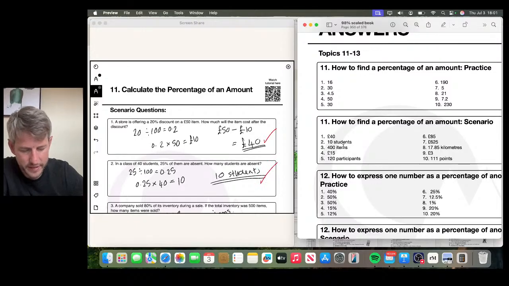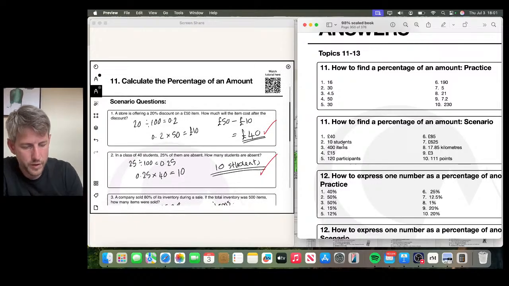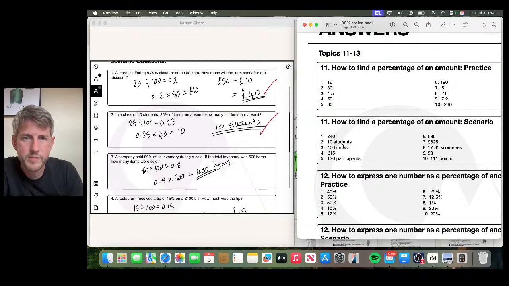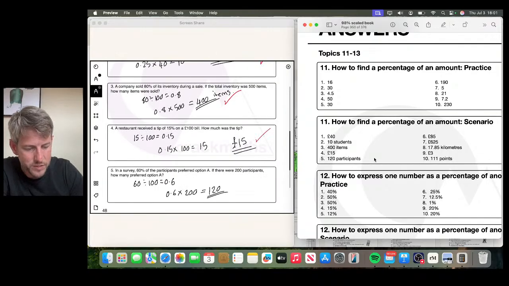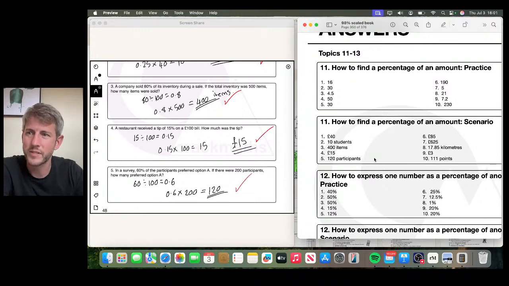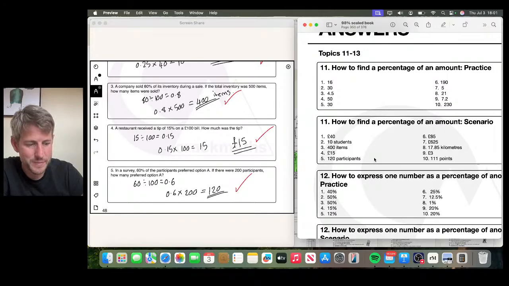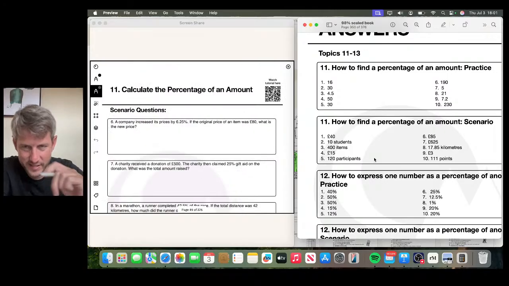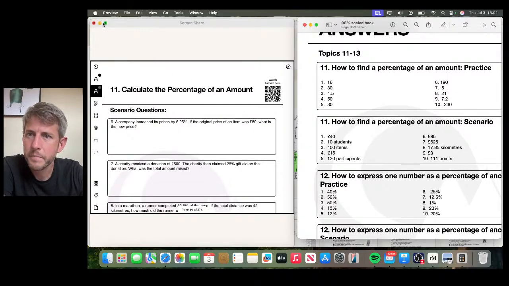I'm reading it just over here. Number 3 says 400 items. Yep. Number 4 says £15. And number 5 says 120 participants. Yes, okay, great. So that is all very good. So let's move on to questions 6 to 10.